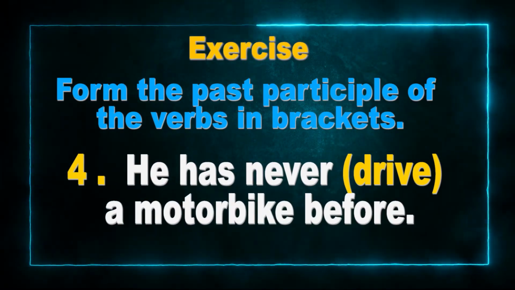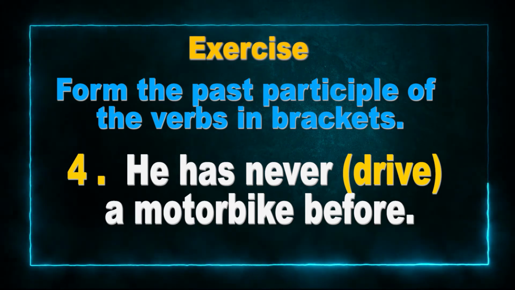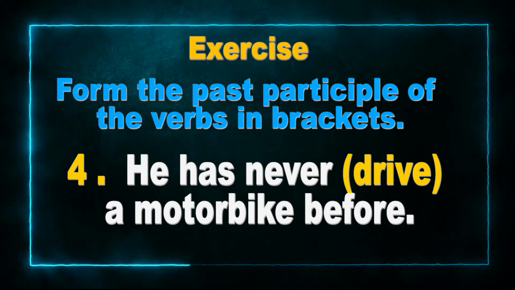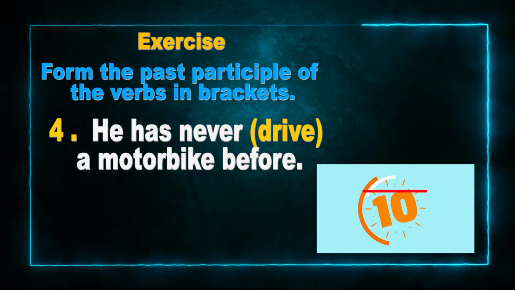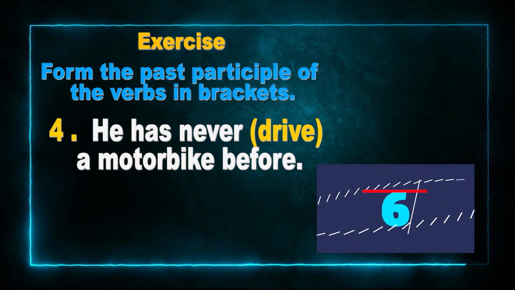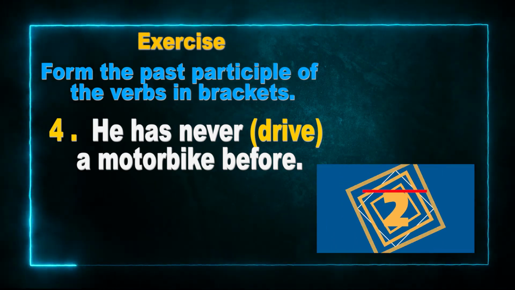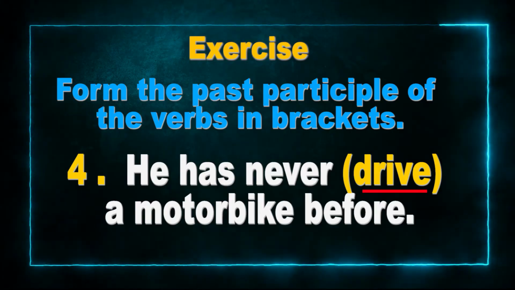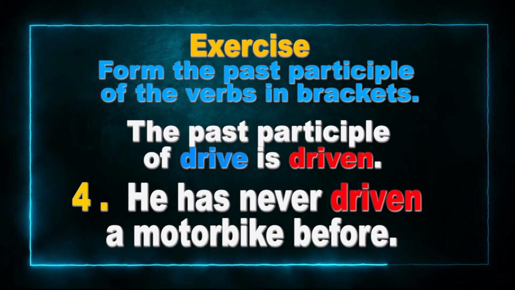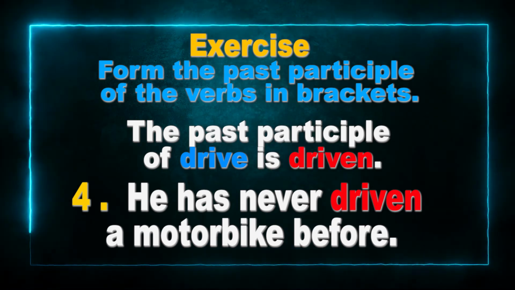Further, he has never something a motorbike before. The verb that we need to form the past participle of is drive. And that would be driven. So the sentence would read, he has never driven a motorbike before.